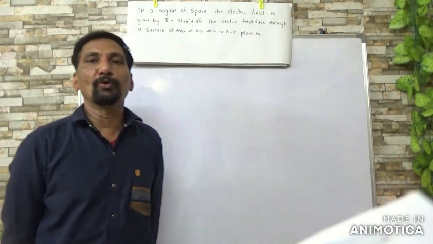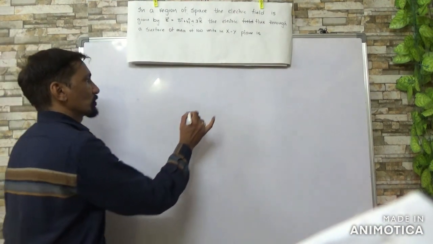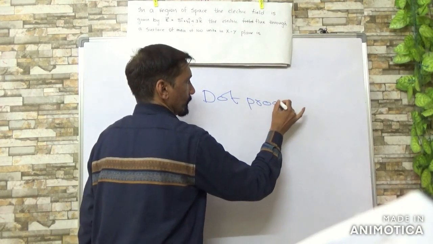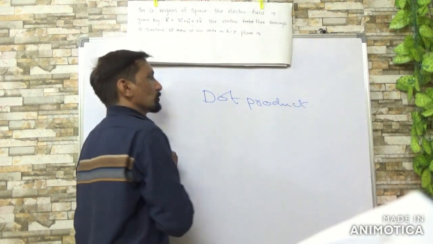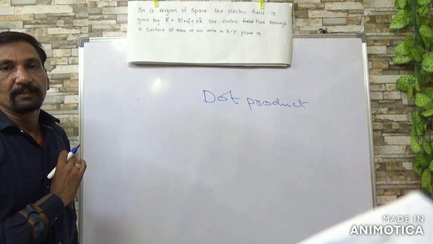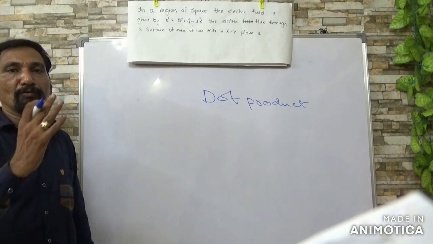Now we are going to learn about the dot product of 2 vectors. So the dot product is also called the scalar product, right? Based on this dot product also you have been given a number of problems.